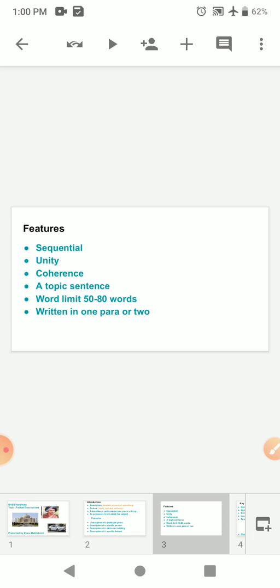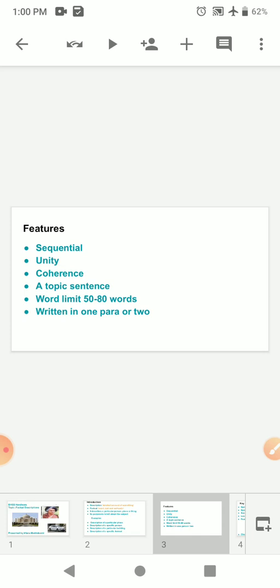Then unity is one of the most important things in writing. Every point of the factual description has to develop around a single point. Each paragraph should have only one main idea, and all the other details you provide should revolve around that main idea.